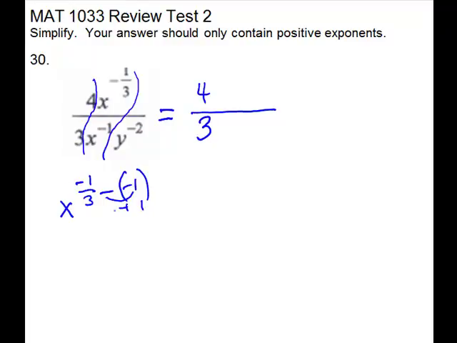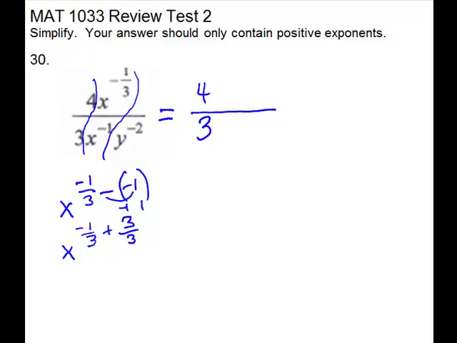To work with a fraction and add or subtract, I need a common denominator. So 3 will work. My 1 is equal to 3 over 3. If you're stuck there, you have 1 over 1, and 3 would be your common denominator. So multiply top and bottom by the 3.